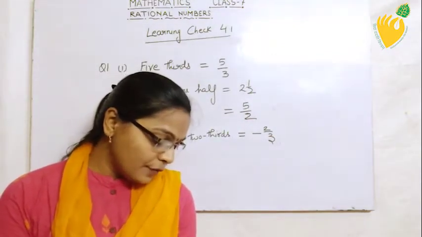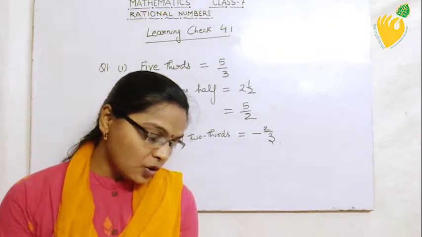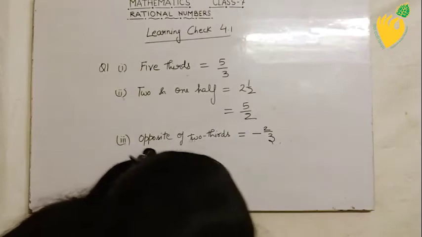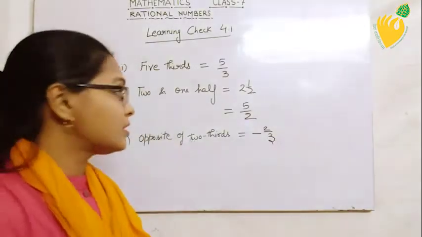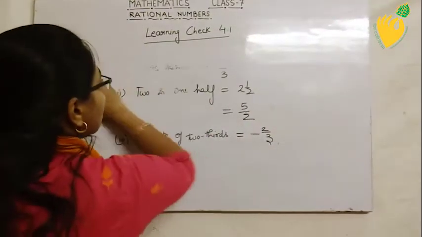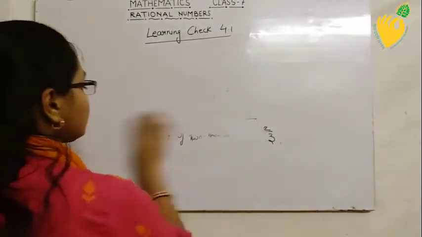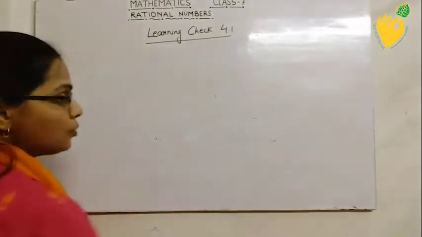Now see question number 2. Write 4 more rational numbers in each of the following patterns. A pattern is given to you and you have to write 4 more rational numbers. Now students, I am solving one for you.